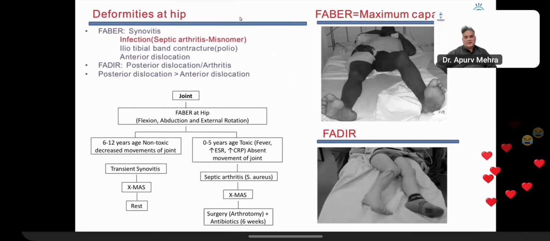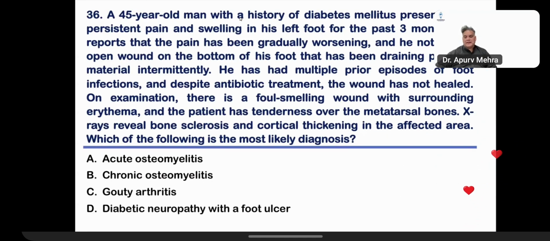Next. A 45-year-old man with a history of diabetes presents with pain and swelling in the foot for 3 months. When diabetes comes, you should think of frozen shoulder, Dupuytren's contracture, Charcot joint, diabetic foot. Acute osteomyelitis should not come to mind, nor chronic. He reports that the pain has been gradually worsening.